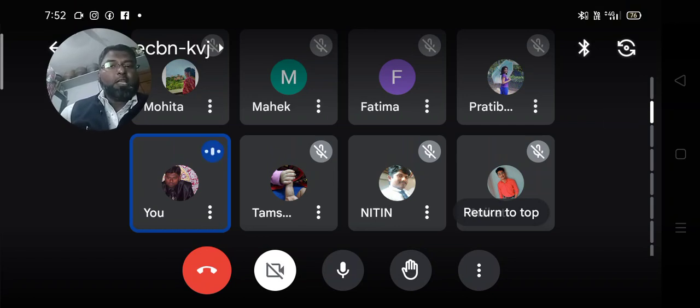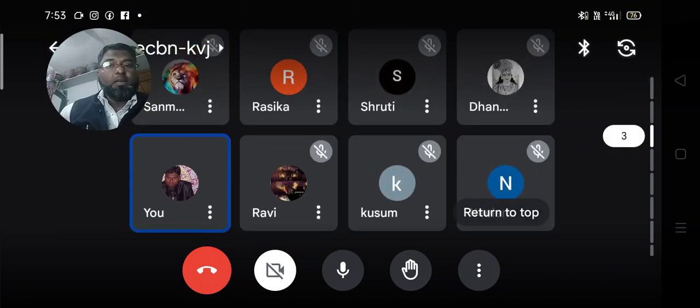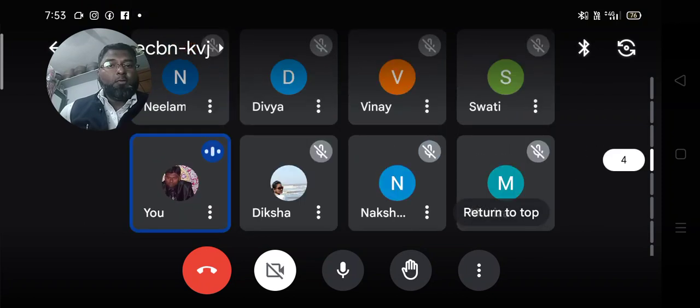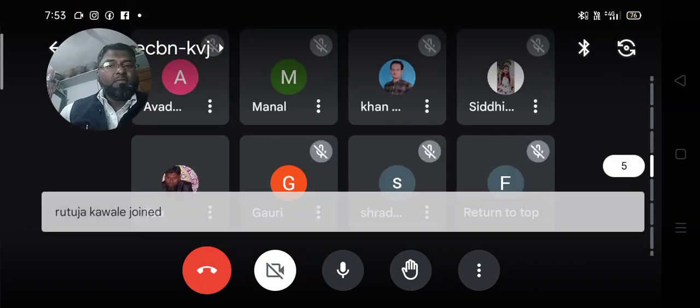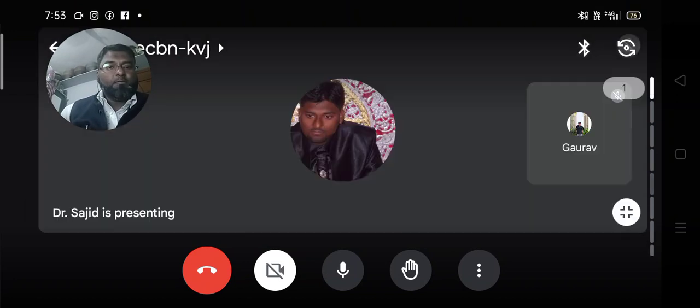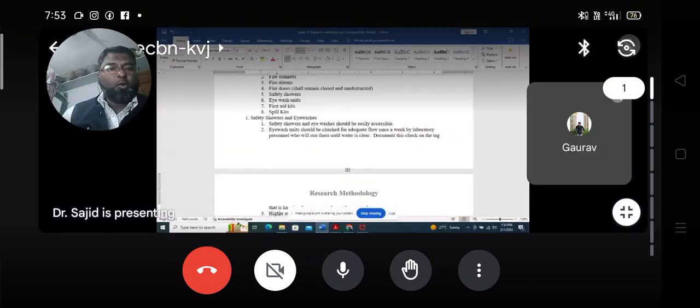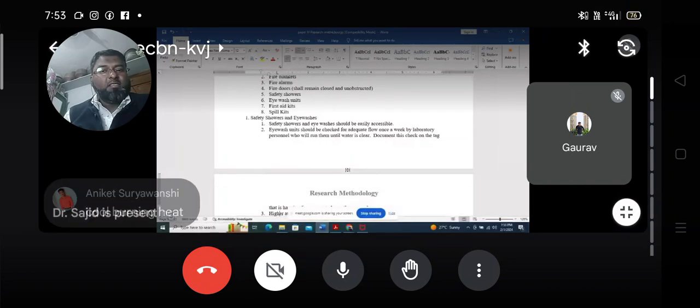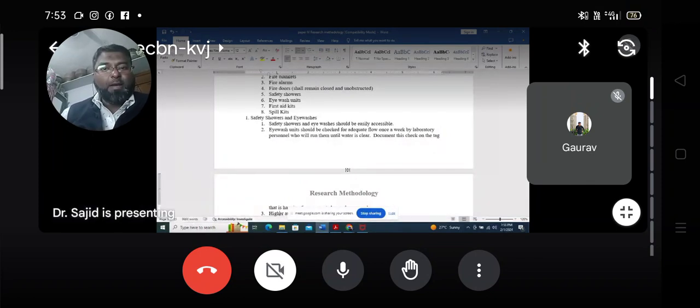Otherwise, there will be no use of this lecture. Ravi, then Vinay, Divya. Anyone is there? Okay, what is the use of fire extinguisher? Gaurav? Aniket? Please say by unmuting yourself.